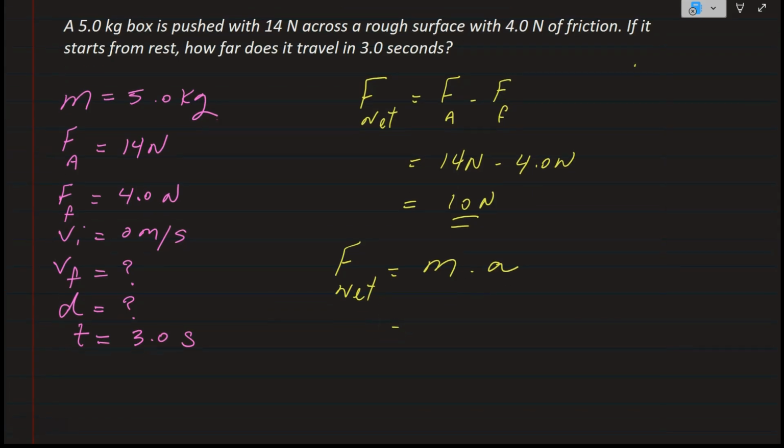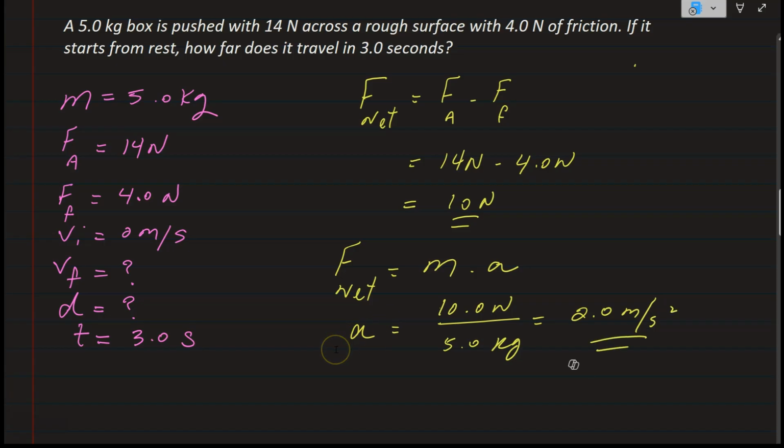Acceleration is 10.0 Newton divided by 5.0 kg, and that is 2.0 meters per second squared. We didn't have the acceleration before, so we had to find that.